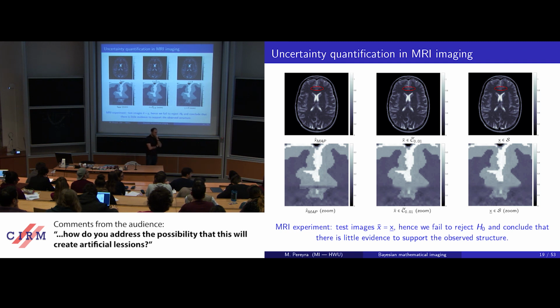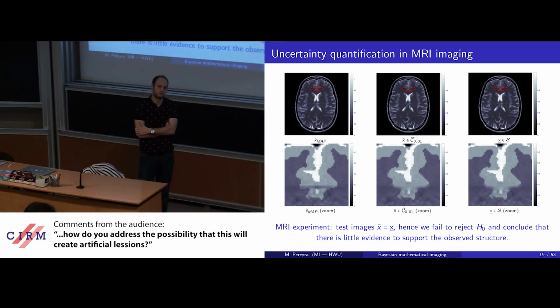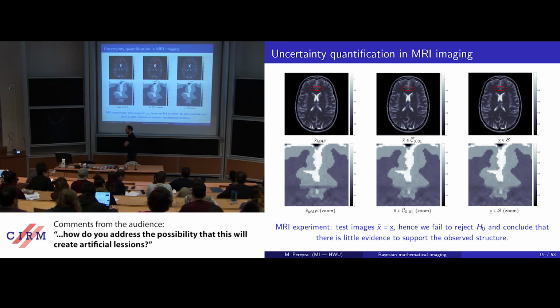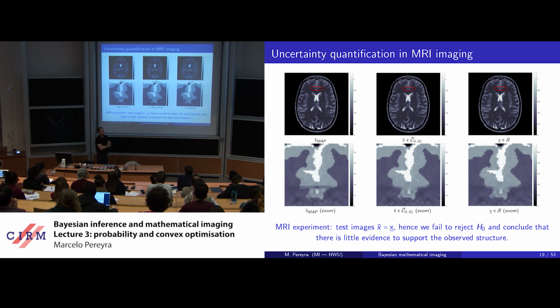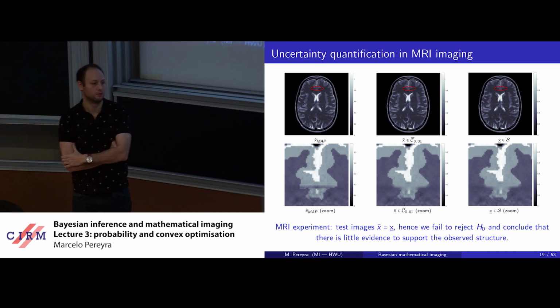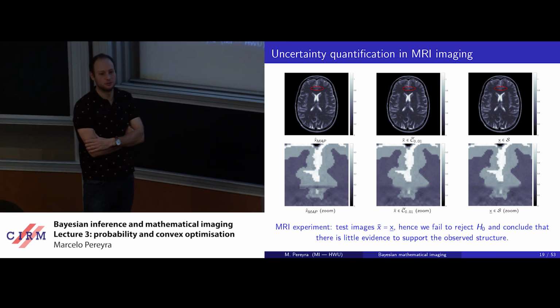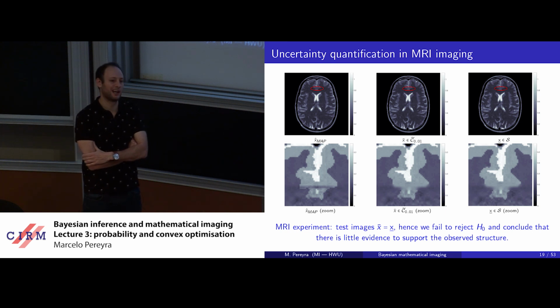But is there a possibility to create a fake lesion using any sharp border in the image? So what we do is we ask that it has to be interpolated, and then we put constraints on the energy of that region. So that way we rule out solutions that have an unreasonably large amount of energy. So we force this interpolation to generate things that are within a neighborhood of what we consider to be a background level.